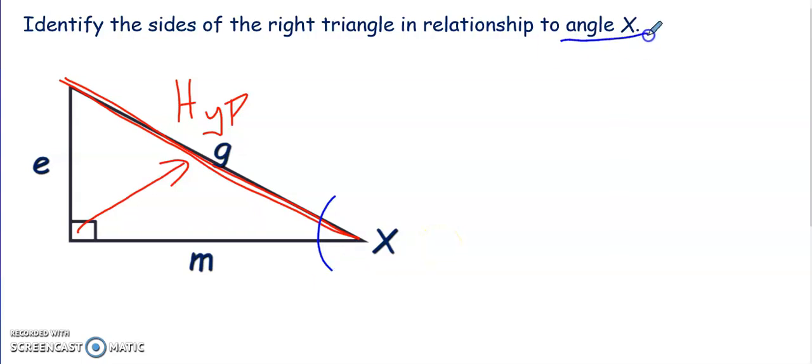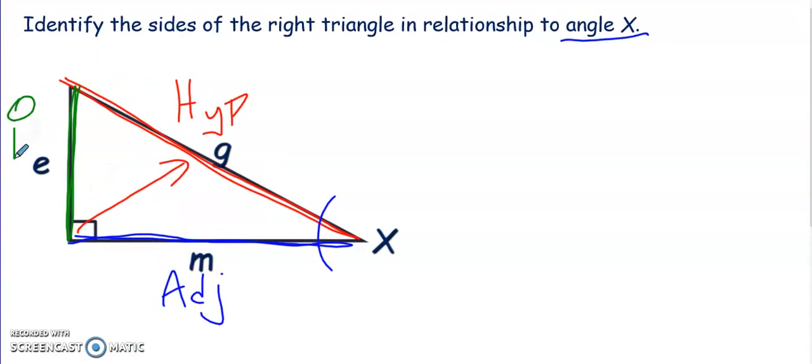They said angle X, so that's where I put my arc. That arc hits the hypotenuse, the red side, and then the side that's not labeled, which is the adjacent side. And the other side that's left over, we call opposite.